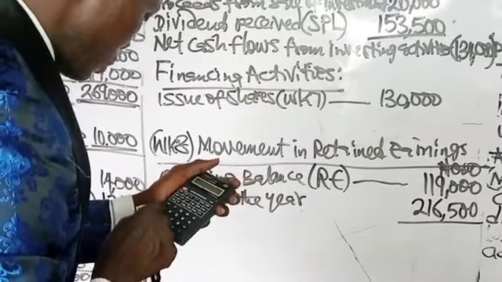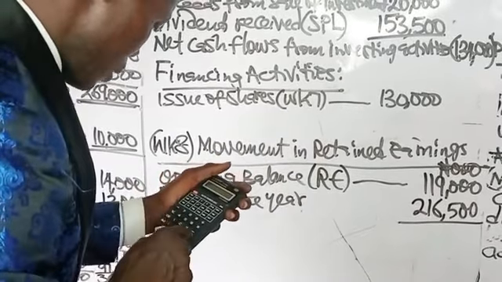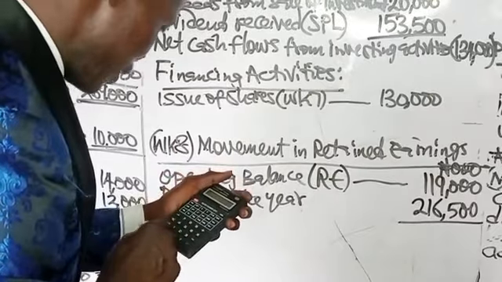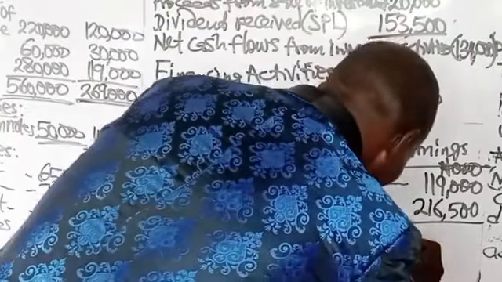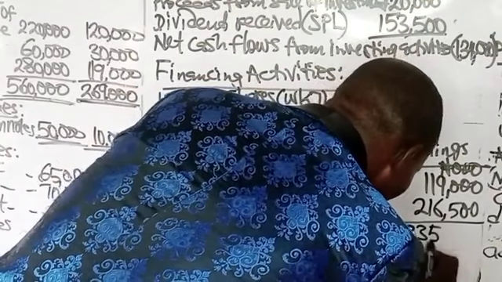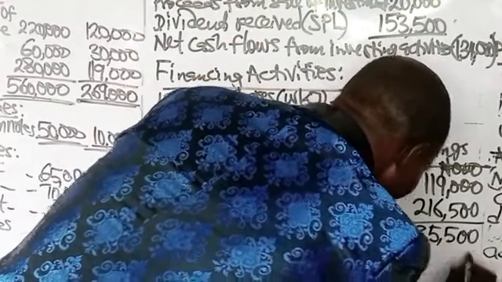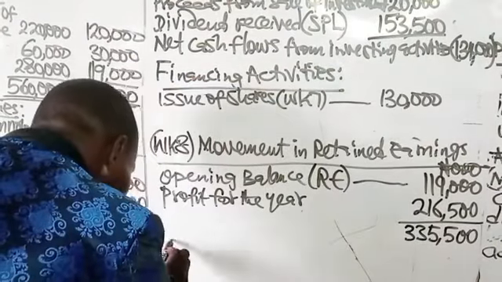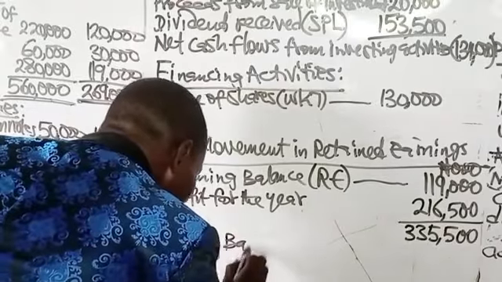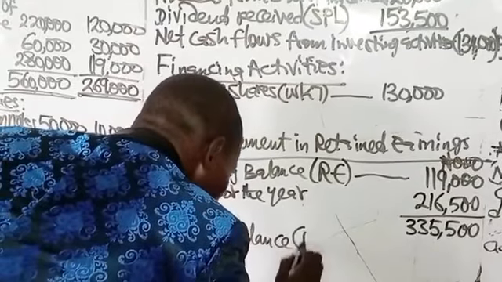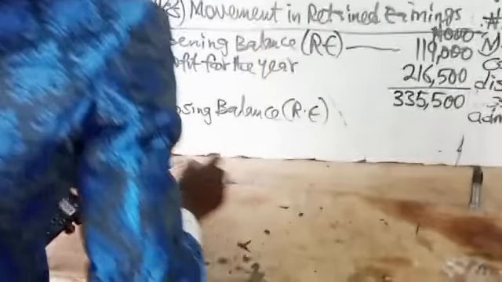Now, let's sum it up. 119,000 plus 216,500, you have 335,500. Then the closing balance. That is your retained earnings at the end of the period. Go back to the equity section.